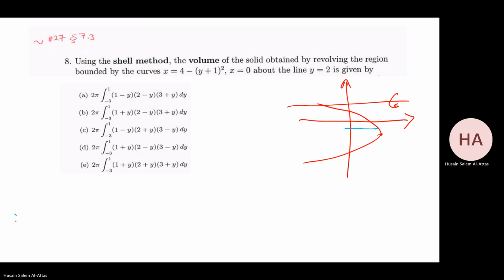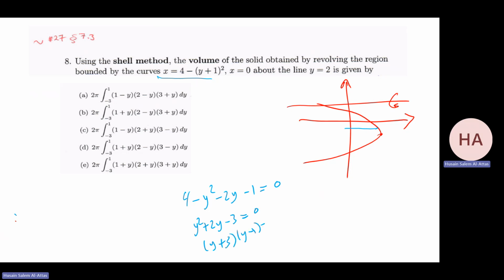And what will be the point of intersection? I need to equate this with 0. So I have 4 minus y squared minus 2y minus 1 equals 0. So I have y squared plus 2y minus 3 equals 0. So I have y plus 3, y minus 1 equals 0.